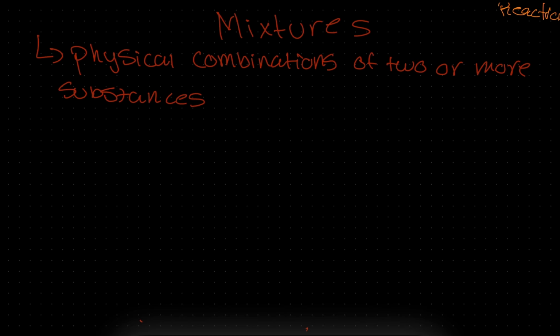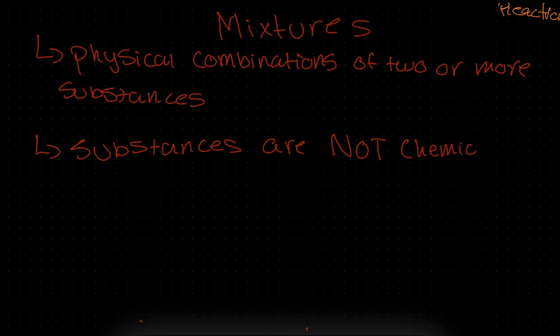Now, the key here is that the substances in a mixture are not chemically combined. So that is the difference between a mixture and a compound. They are not chemically combined, so they retain their individual properties. So there are two types of mixtures, homogeneous and heterogeneous.